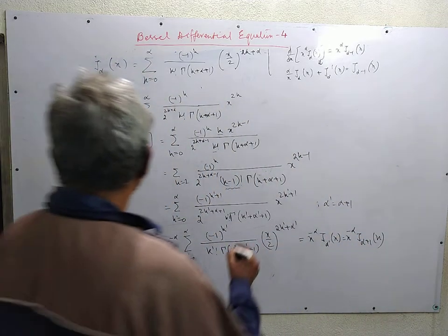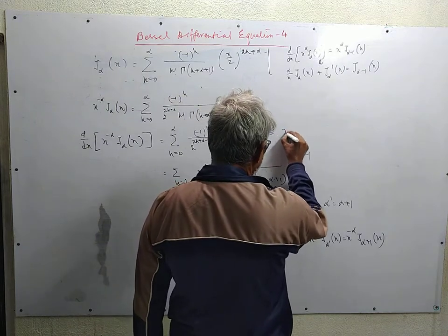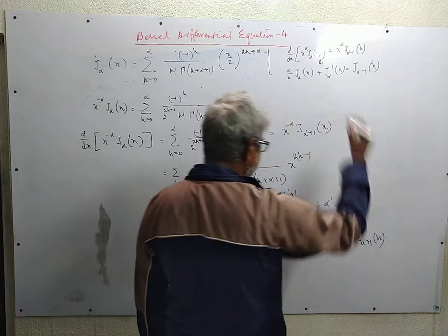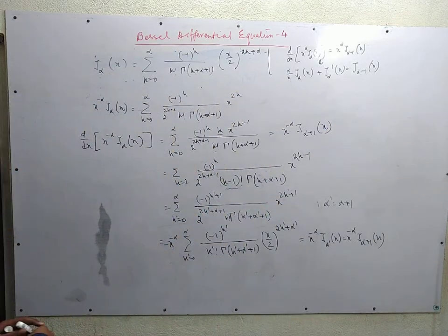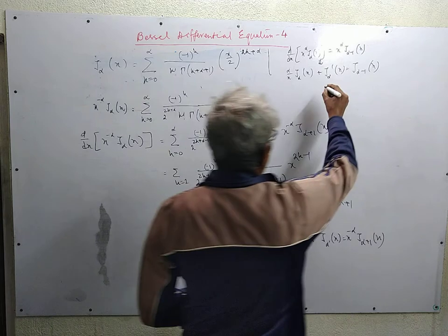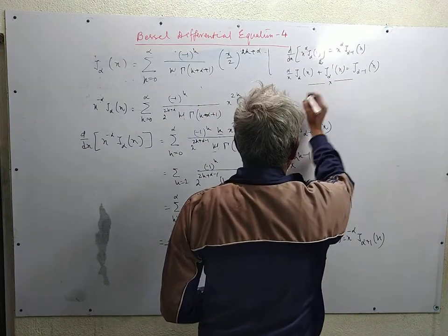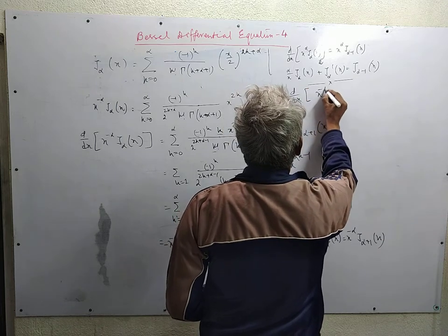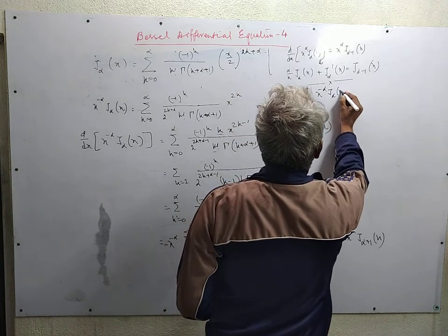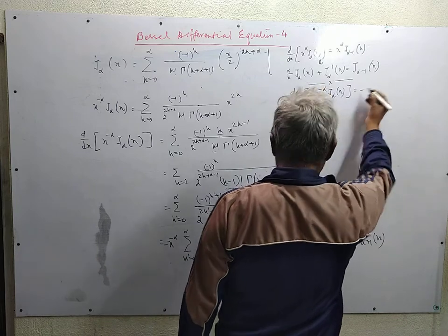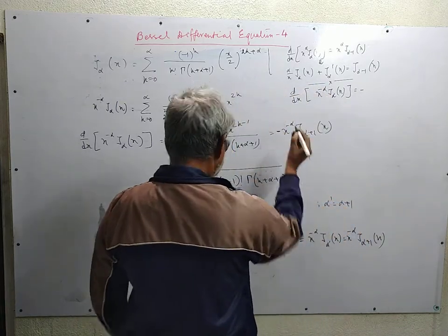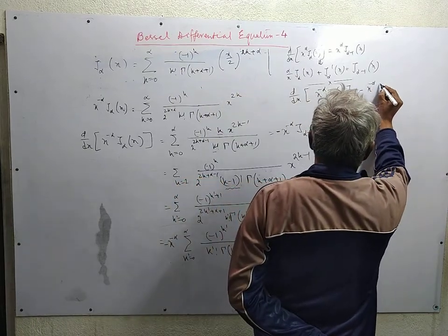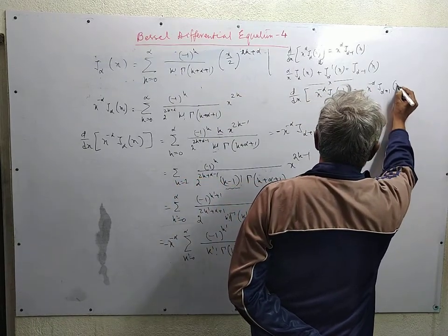So we will end up with the result x to the power minus alpha J of alpha plus 1 of x. And also we get another result as d/dx of x to the power minus alpha J alpha of x is equal to minus, the minus sign was missing, minus x to the power minus alpha J of alpha plus 1 of x.